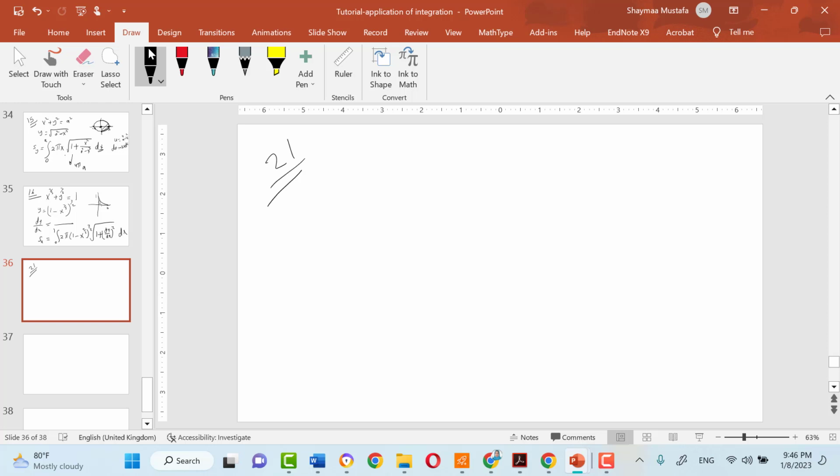Question 21, you have x squared plus y squared is a squared. This is a circle from minus a to a. If you have 2 points, the first point c less than a, the second point b bigger than minus a, and we need to rotate only this portion.